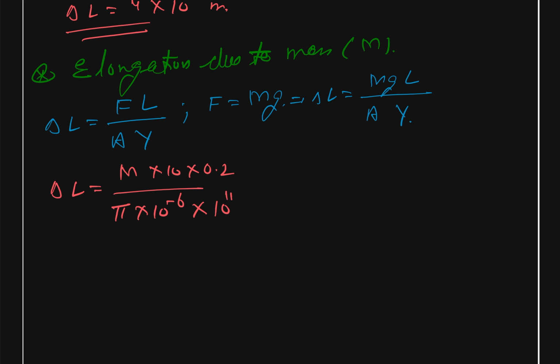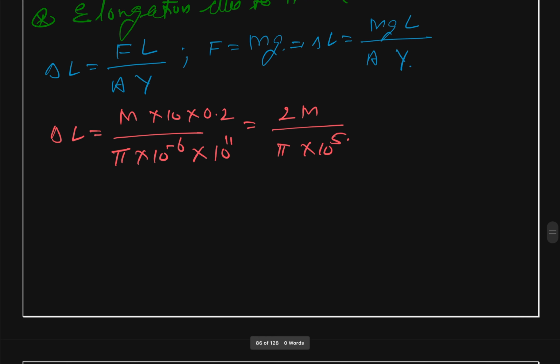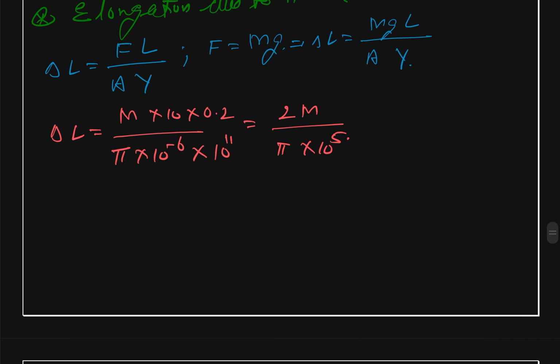So we get this as 2 times M pi into 10 to the power 5.